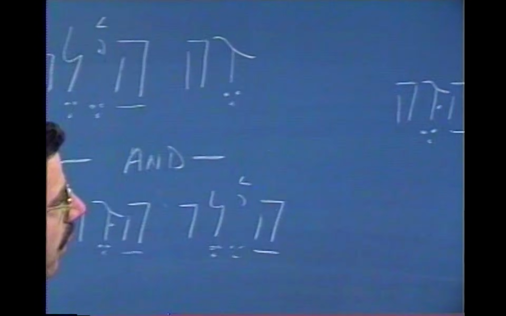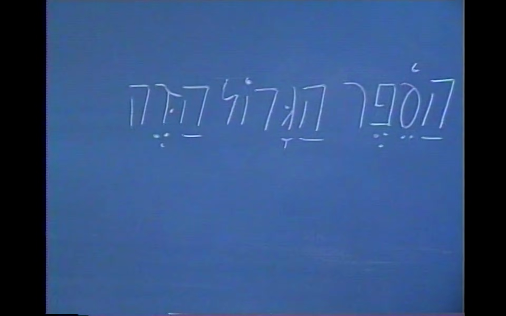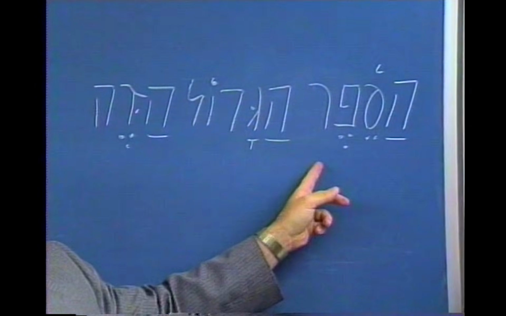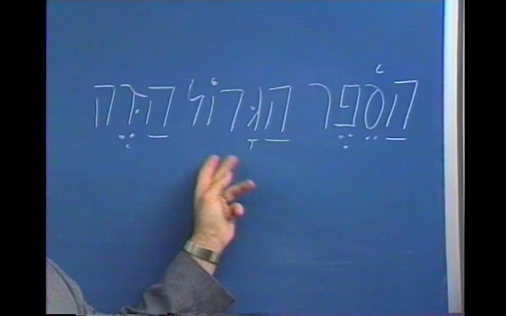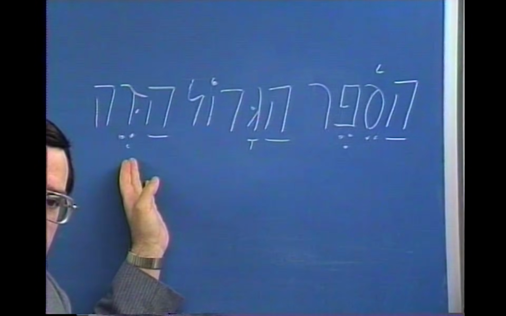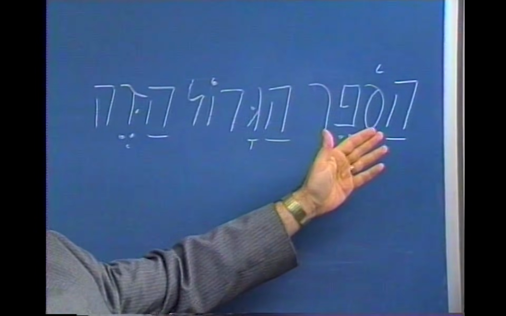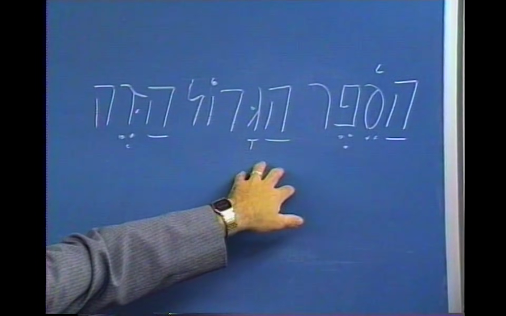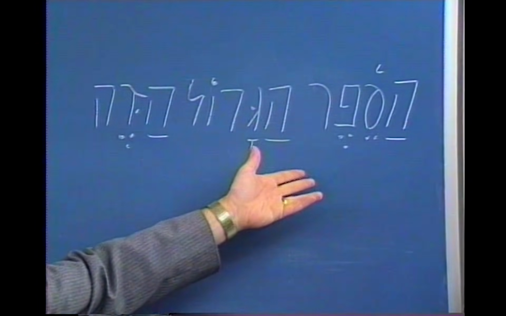All right, let's go over and look at another example that I already have written on the board here. We're saying the book, namely the great one, namely this book. So if we just said the great book, then a person might be talking about almost any book. Maybe we would understand that to be the Bible.